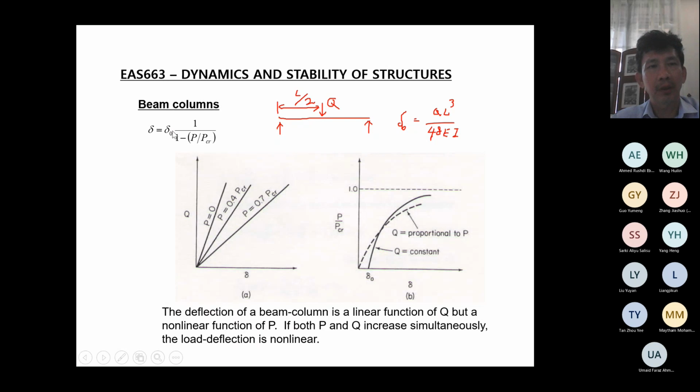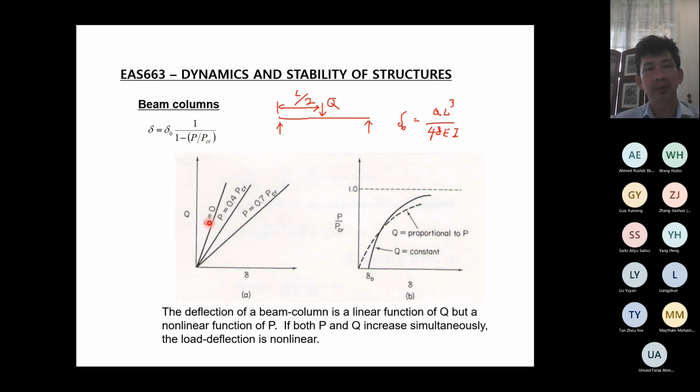When we plot this, figure A is plotted by fixing the value of P over P critical to different values.